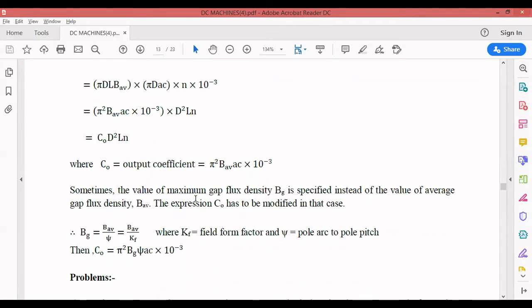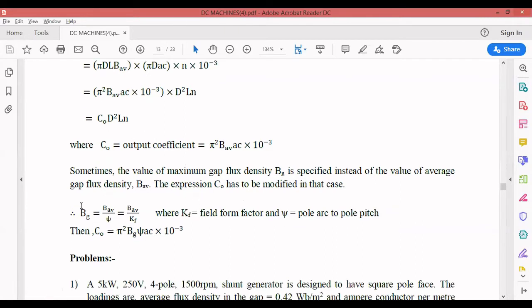Sometimes the value of maximum gap flux density Bg is specified instead of the value of average flux density. The expression for C0 has to be modified in that case. Sometimes instead of Bav, they will give it in terms of Bg, then C0 will be modified.